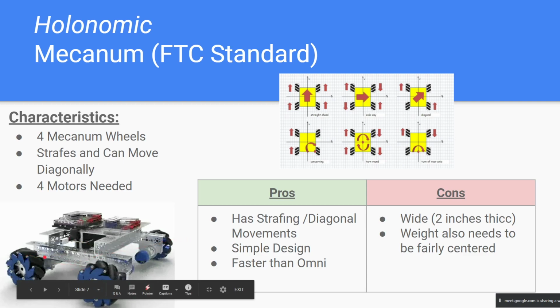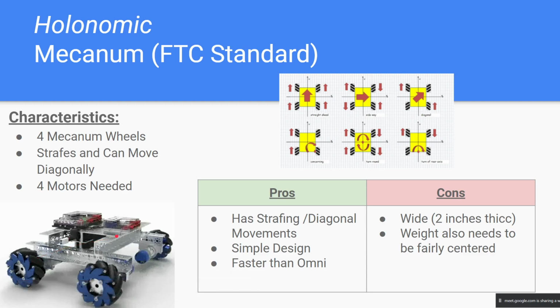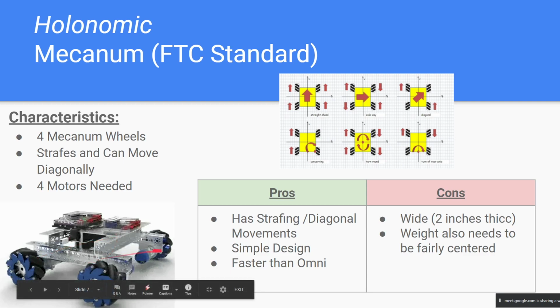You just have to keep that in mind when you're designing your robot, because you have to fit within that 18 by 18 by 18 cube. So being too wide is something to look out for. Also, your weight needs to be centered on this, or else your robot's going to get thrown off. It won't drive as straight as you want it to.